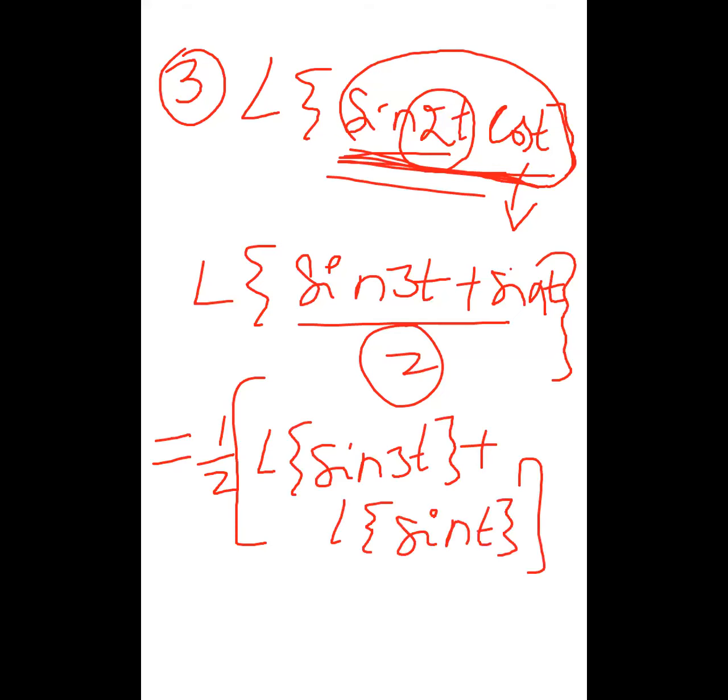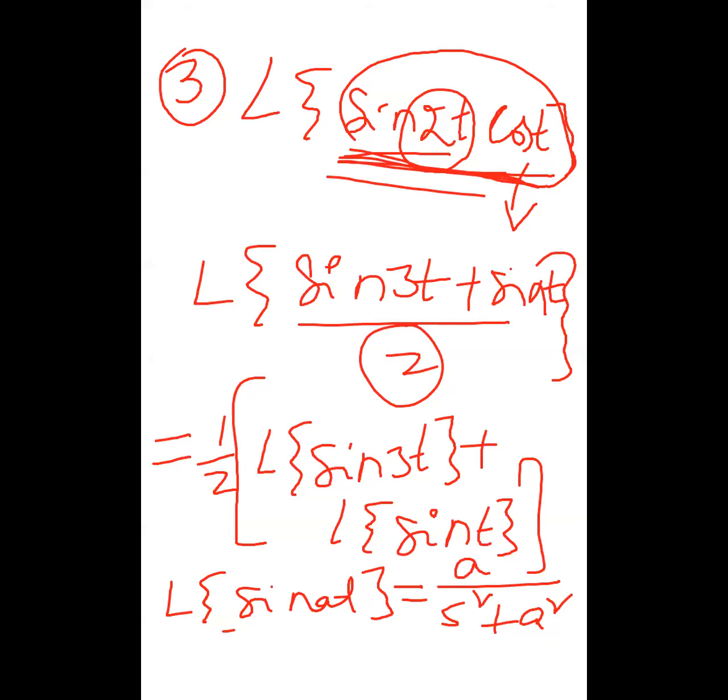We know the formula of L of sin at. It is a combination of A and S. The denominator is second order, S square plus A square. In the numerator, we write either S or A. In the left hand side, in the sine function, S is not available, so the opposite value A is written. So the formula of L of sin at is A by S square plus A square.